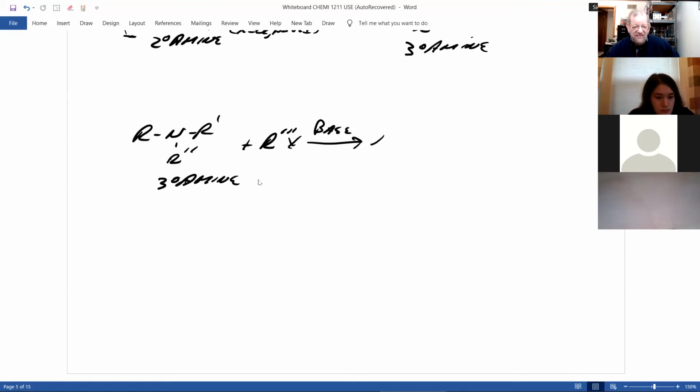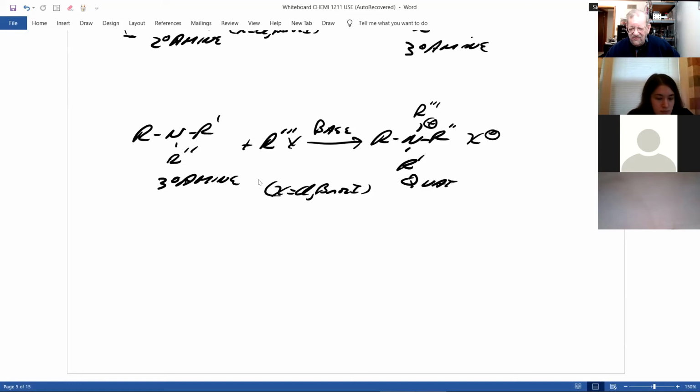We solved it, and I manipulated this reaction to get rid of that odor, or that problem. Again, this is called a quaternary ammonium salt.